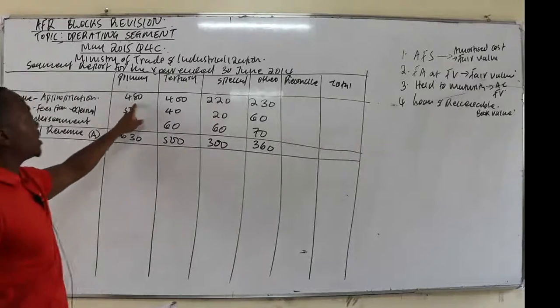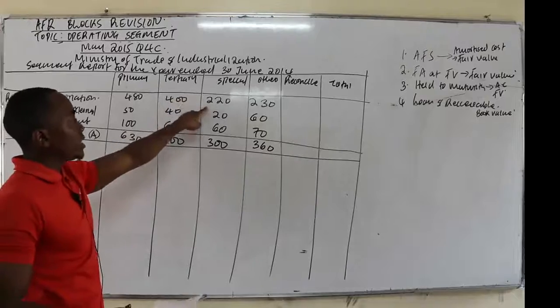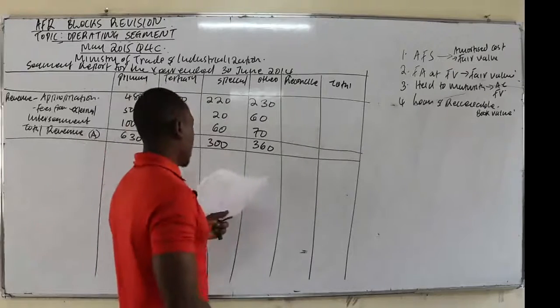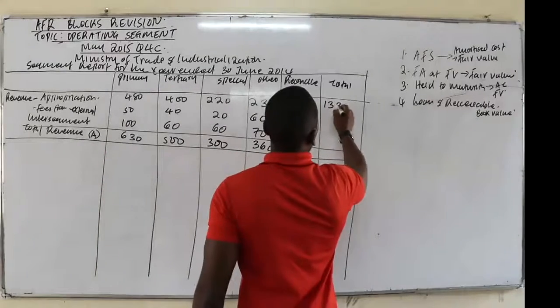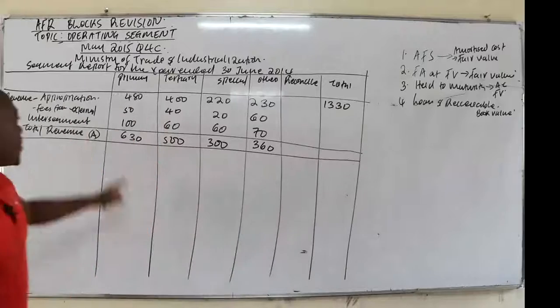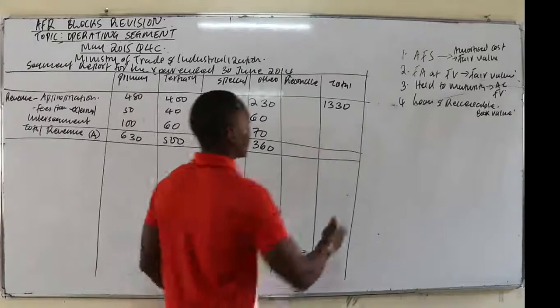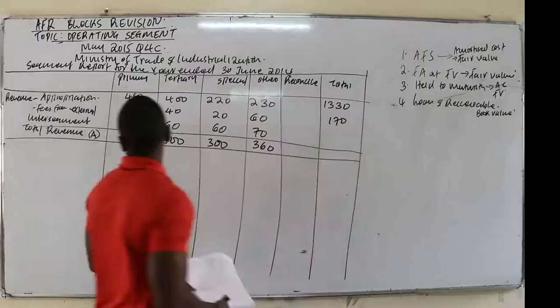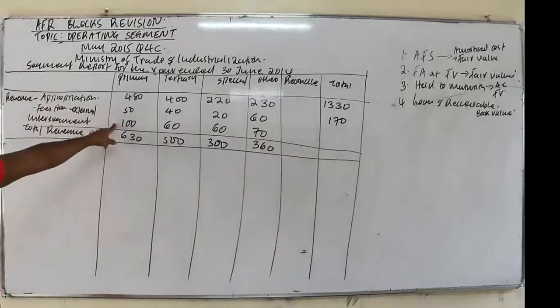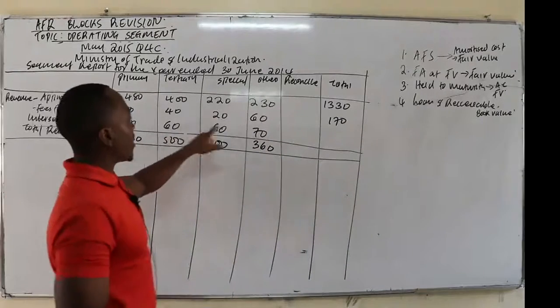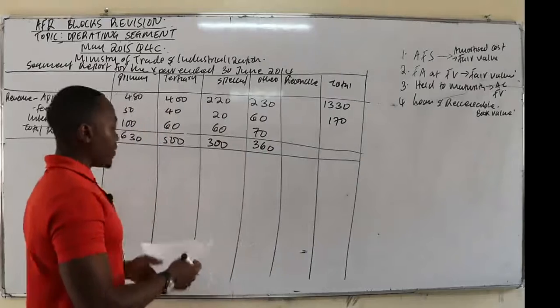You take 480, we add 400 to 20 to 30, and the total you have is 1330. Then you add from external, that's 90, 110, that's 170. Also, we had the intersegment revenue, 160 plus 130, and that one you have is 290.